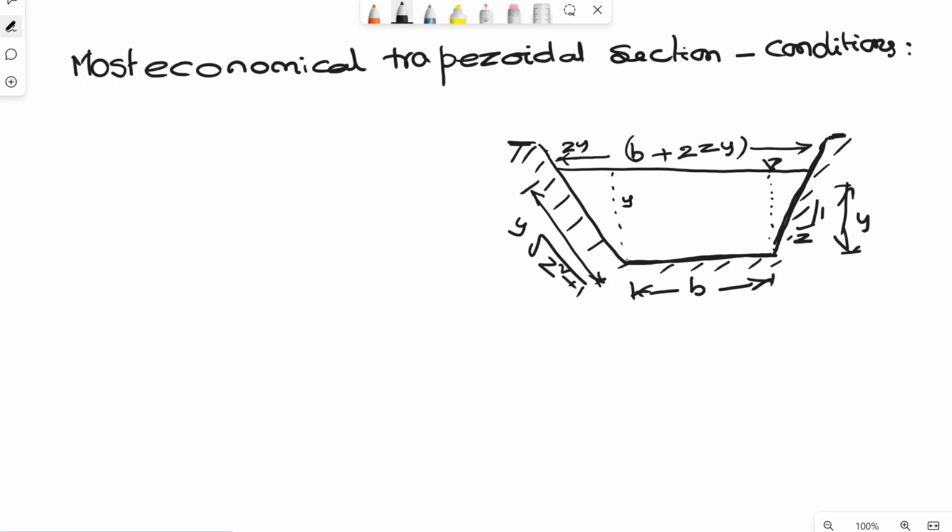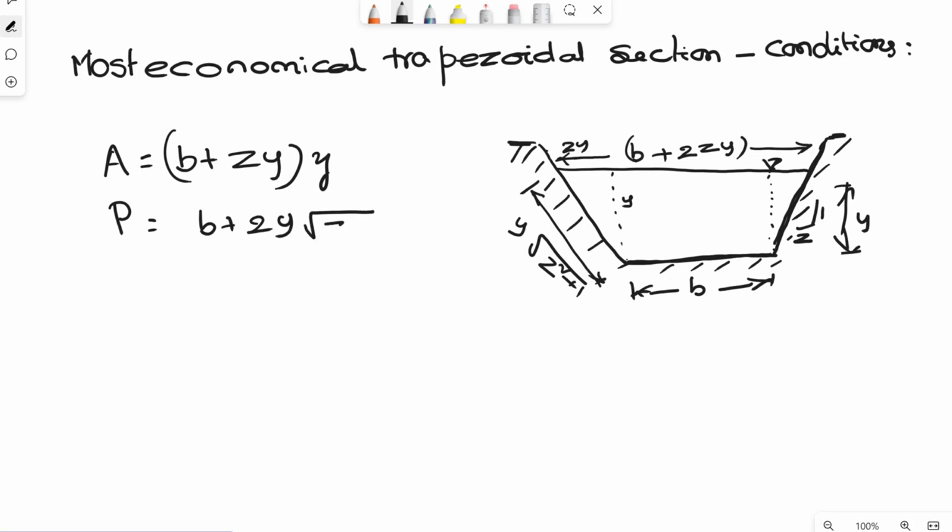So A is equal to half the sum of the parallel sides into the distance between the two, that is (B plus zy) into y. And P is equal to B plus 2y into square root of z square plus 1, adding all the sides together.